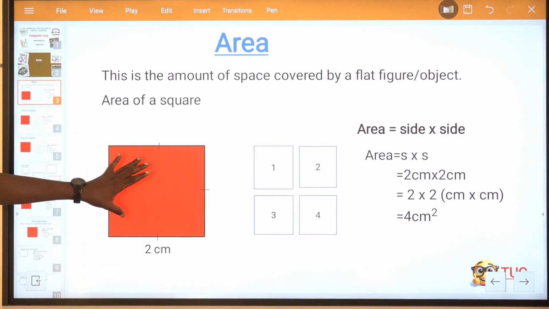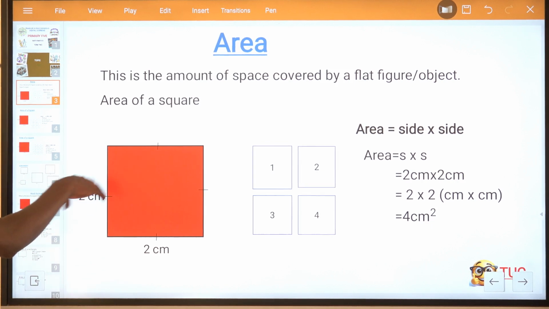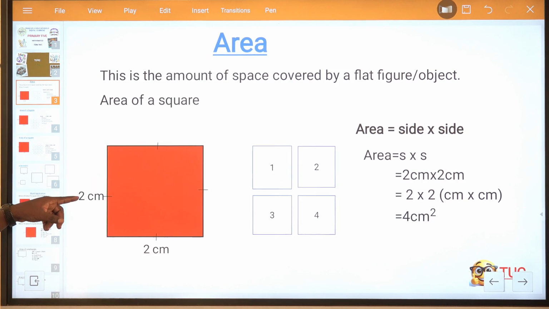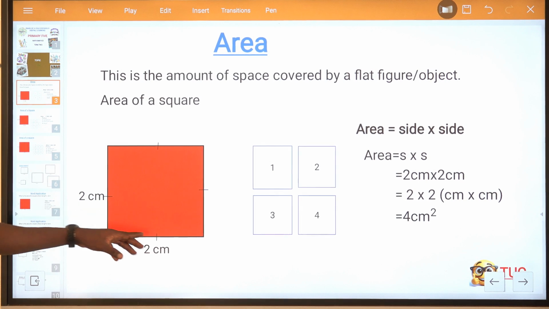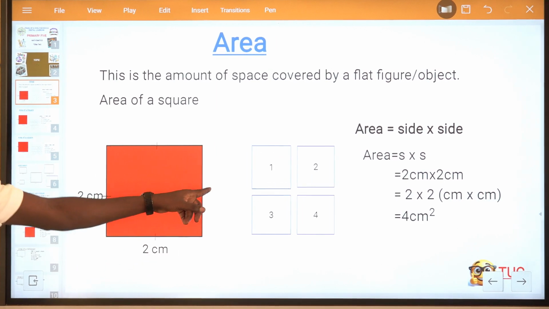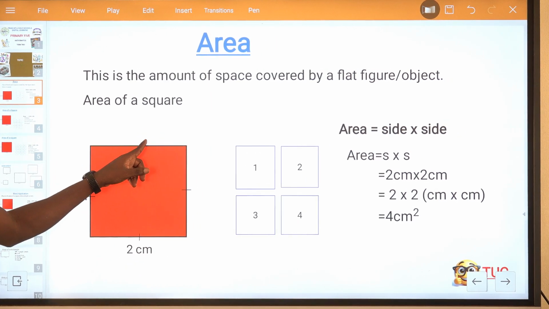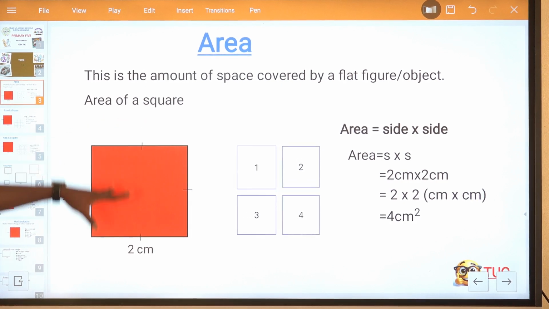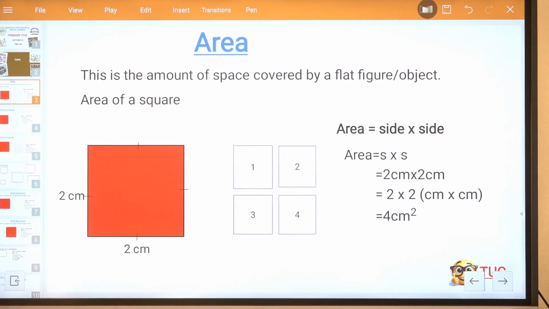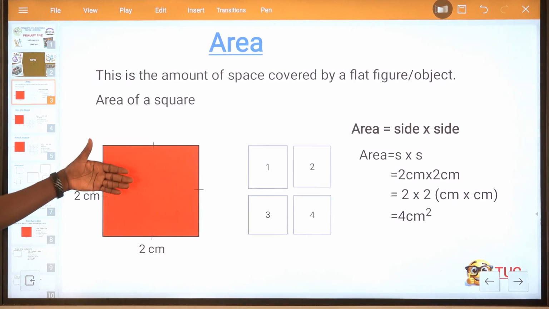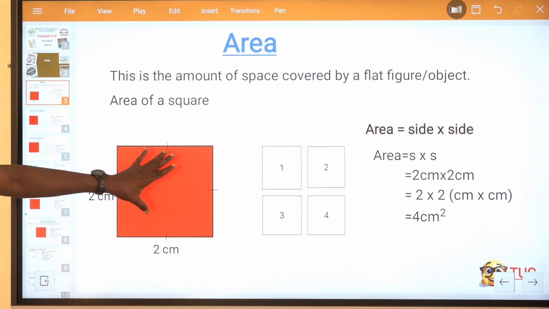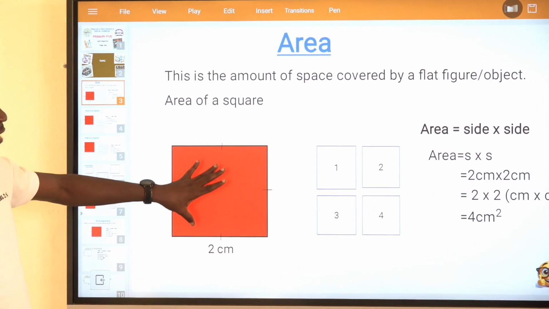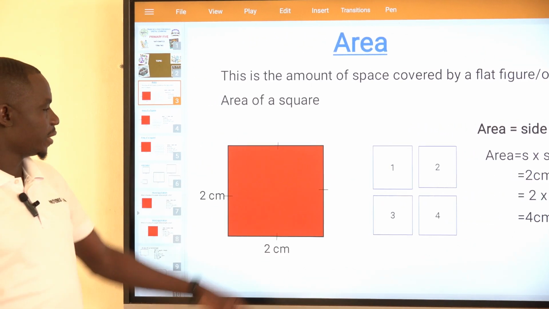If we have this square covering this space, on this dimension it is 2 centimeters. This is also 2 centimeters, and this is also 2 centimeters. Now when we consider this area, you can also look at the number of squares we can form from this square.